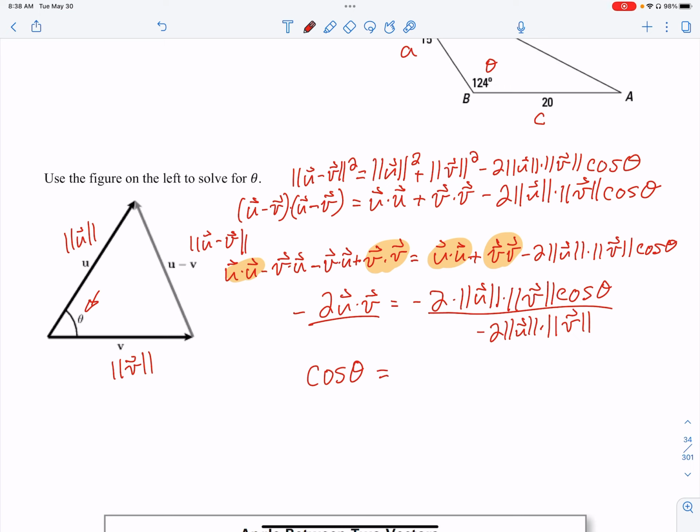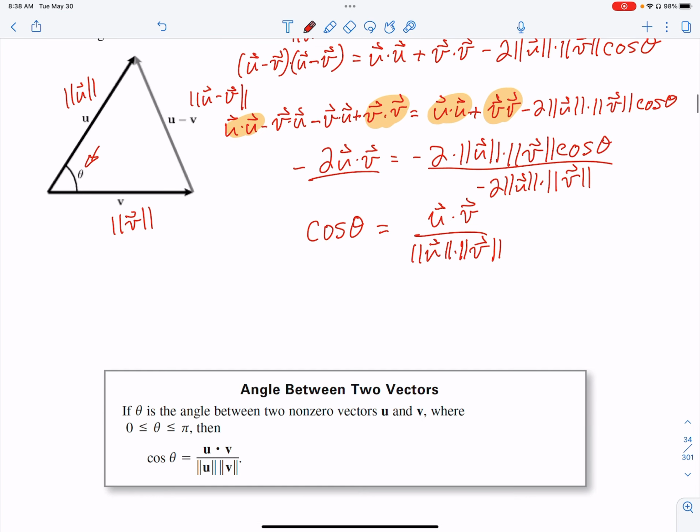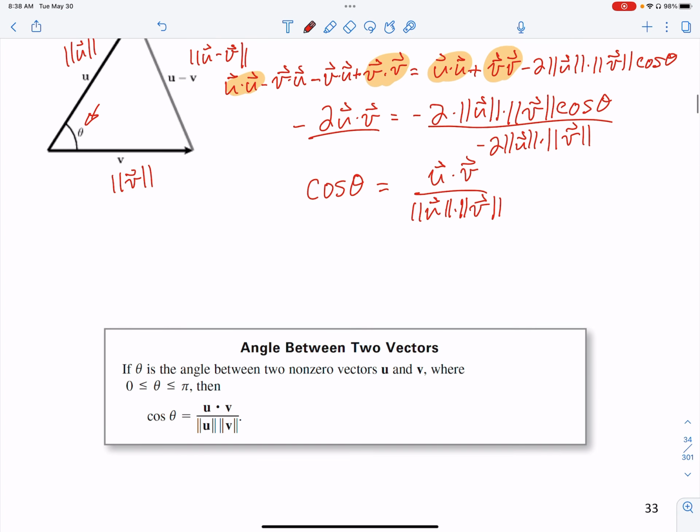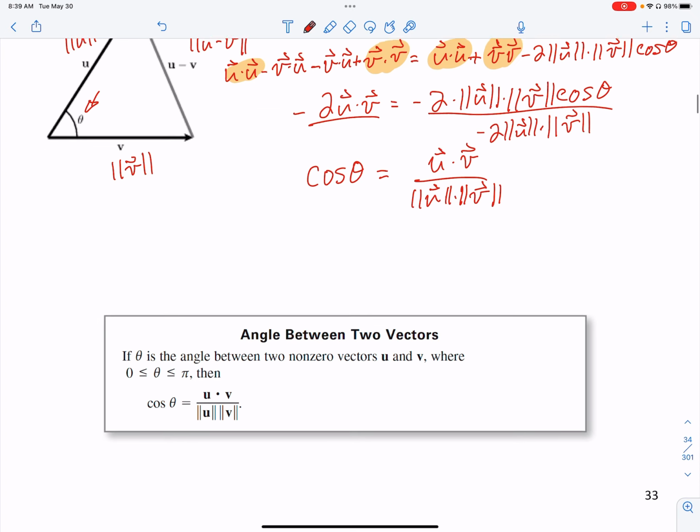The negative 2's cancel, and I get cosine theta equals u dot v over the magnitude of u times the magnitude of v. We have derived the formula for the angle between vectors. If I'm trying to find the angle between two vectors, I take the dot product of the two vectors and divide by the product of their magnitudes. It's a pretty nifty formula. We are going to use this quite a bit.